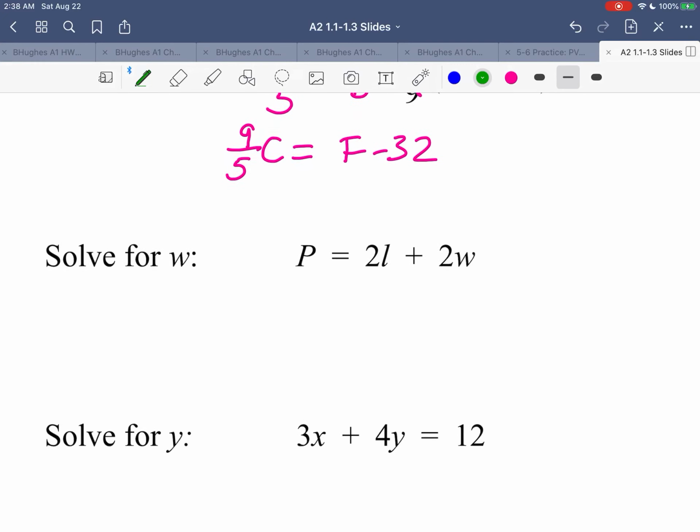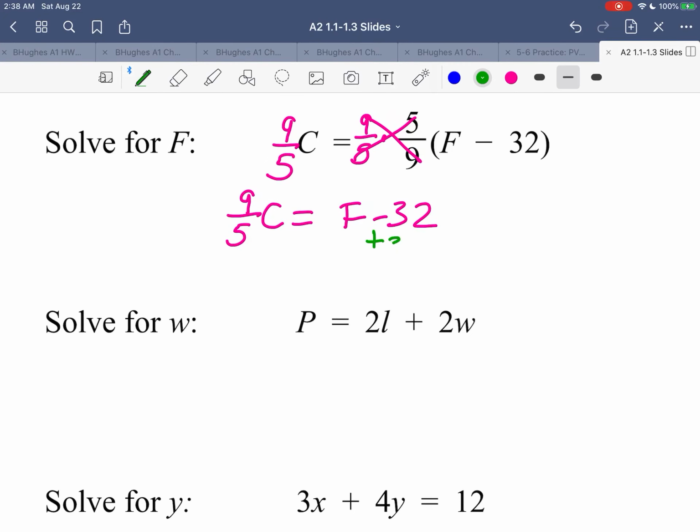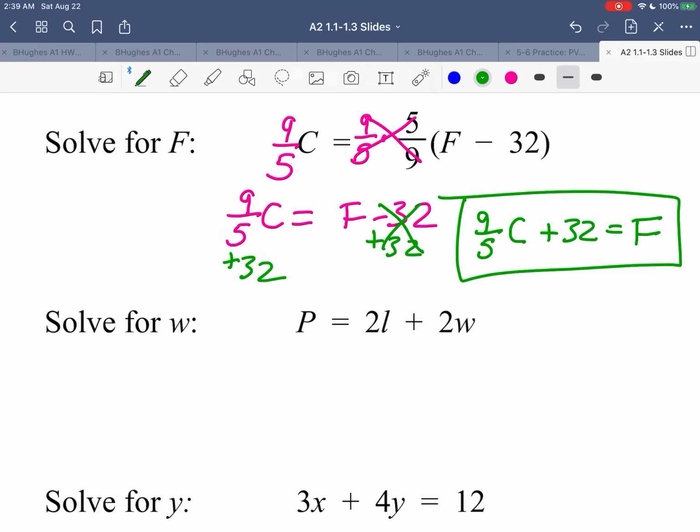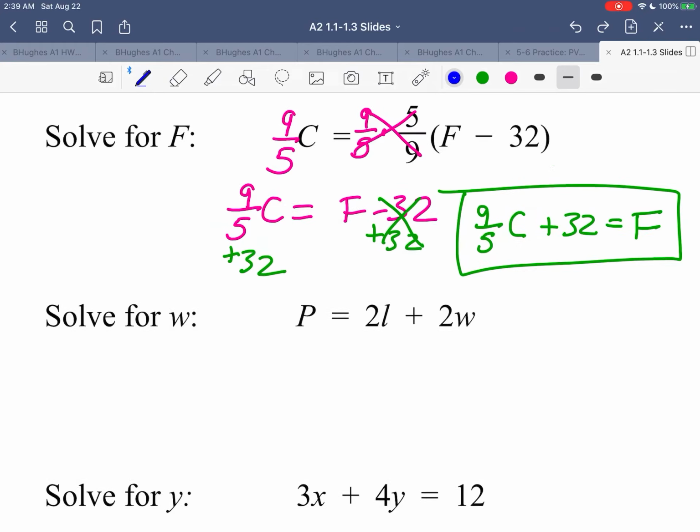Now that that fraction's gone, now I can separate the F and the 32. So if I'm trying to isolate the F, I'm going to add 32, and I get 9/5 C plus 32 equals F. This is actually what you would use to calculate if you're given a Celsius temperature. Multiply it by 9 over 5, add 32, and that'll give you roughly the Fahrenheit temperature.